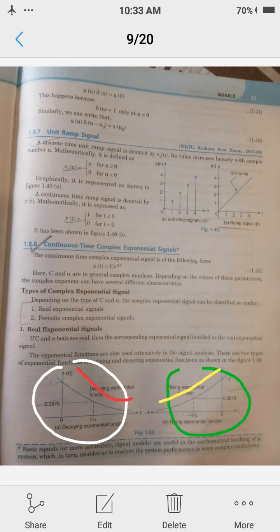Now you have an idea. e to the power x, you can see e to the power x can be the exponential signal. Here we have taken t because with respect to time our signal is the continuous time complex exponential signal. Therefore we have taken e to the power alpha t.